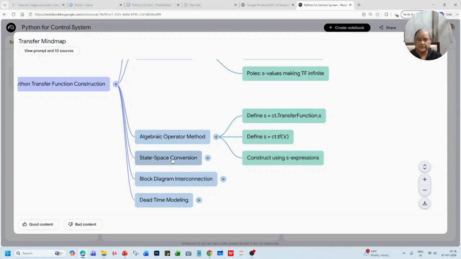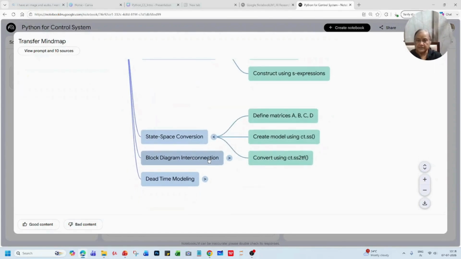The fourth method is the state space conversion method. If the state model matrices are known, that is the state matrix, input vector or matrix, output matrix and D matrix, then we create the model using ct.ss, that means state space, and we give this A, B, C, D as the input.